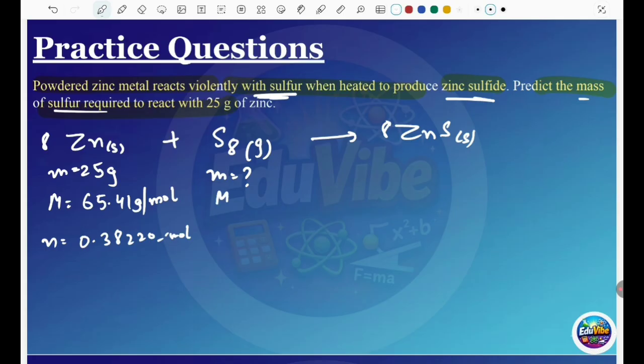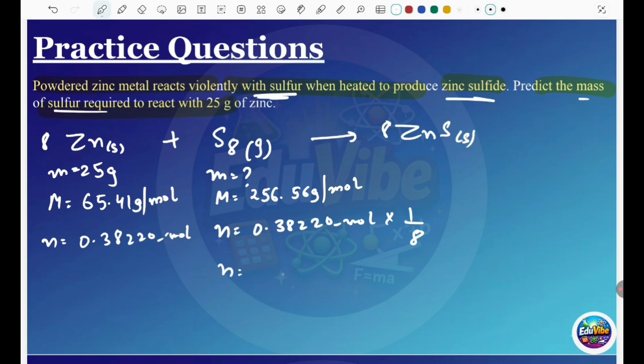So the molar mass for sulfur S8 is 256.56 grams per mole approximately. Yeah, so we have to find the n. So for the n, you can do 0.38220 moles times the coefficient required, which is 1, divided by the 8.